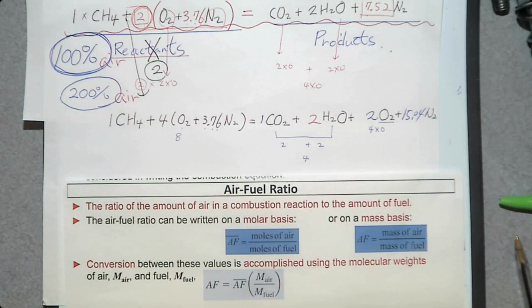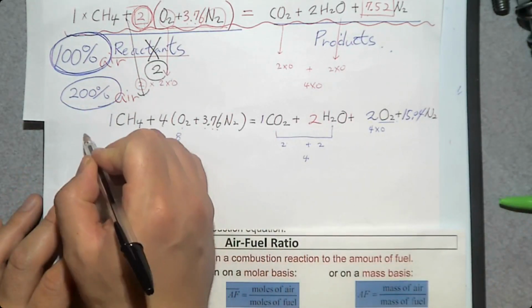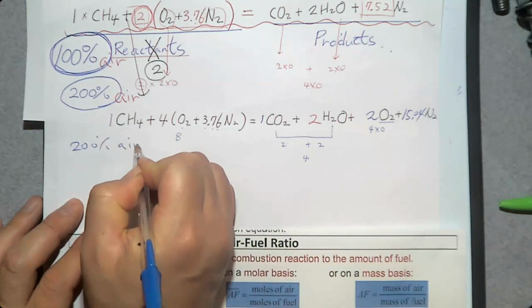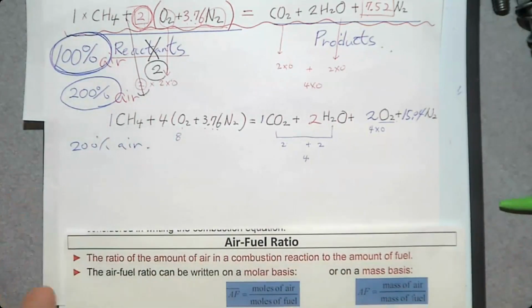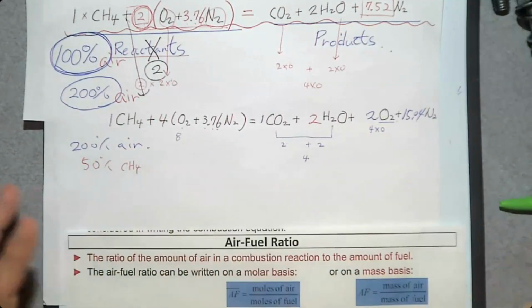Then let's make another modification. What about if only 50% of this methane has been reacted with oxygen? Only 50%. Then this one is going to be even more complicated. So now this time still 200% air, but only 50% of methane is going to react with oxygen.